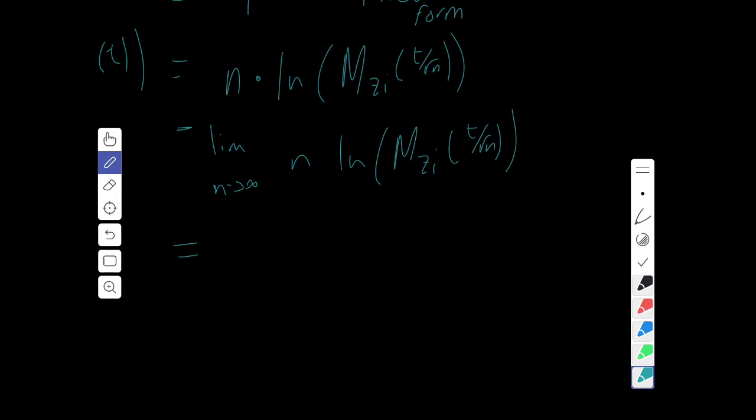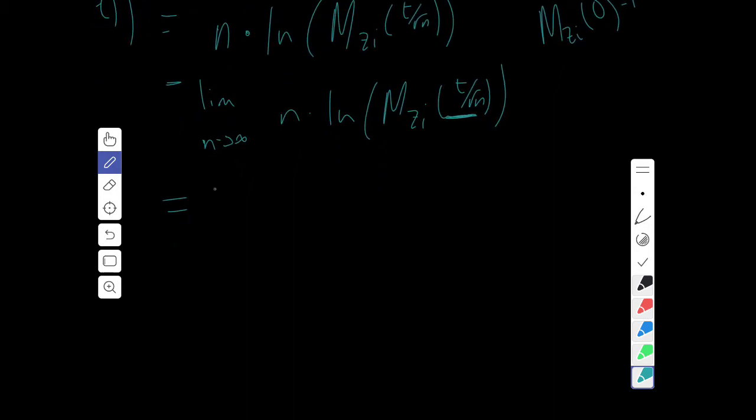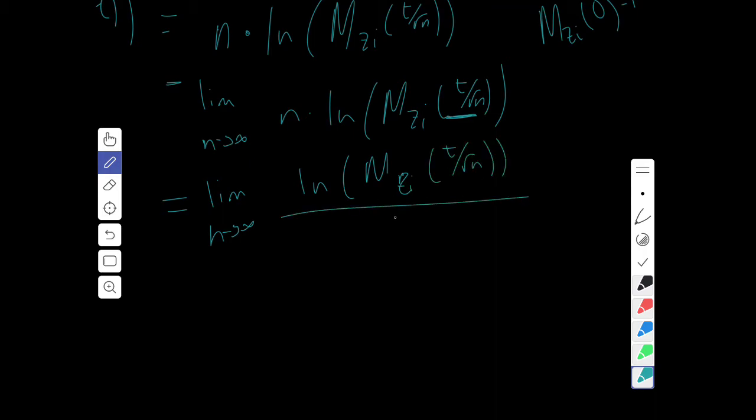So we still have 1 here, and the natural log of 1 is 0. So this is infinity times 0, which still isn't an indeterminate form that can use L'Hopital's rule, but it can work if we move the n to the denominator. So this is going to become 1 over n.